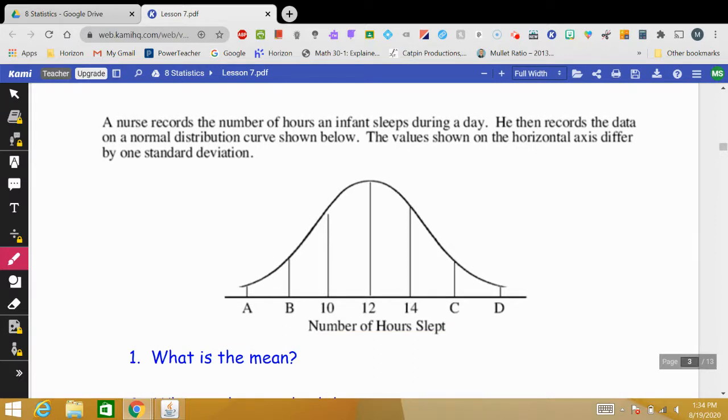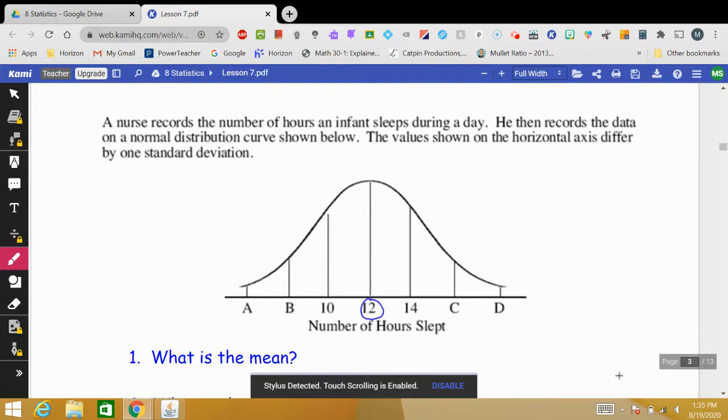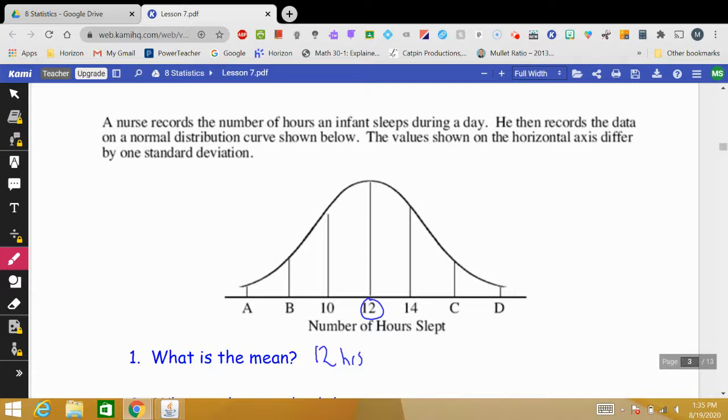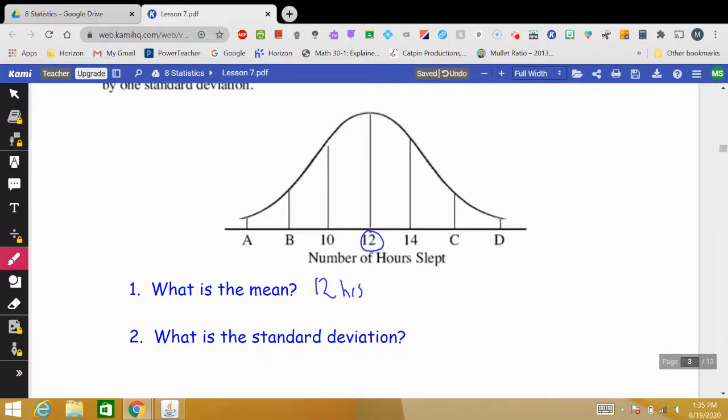So a nurse records the number of hours an infant sleeps during a day. He then records the data on a normal distribution curve shown below. The values shown on the horizontal axis differ by 1 standard deviation. Because 12 is in the middle, we know that 12 hours of sleep is the mean. We can see what the standard deviation is because we can look at what it counts by.